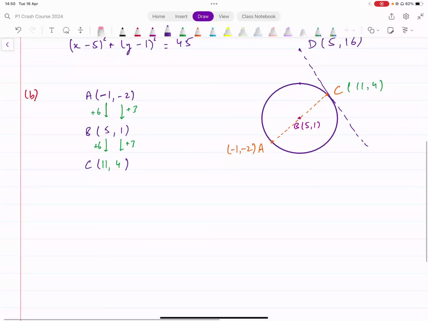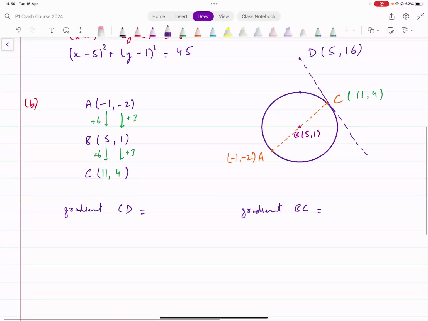And now all you have to do is find the gradient of CD and find the gradient of BC, and see what they turn out to be. They should be negative reciprocals of each other. Let's figure that out. BC and CD.